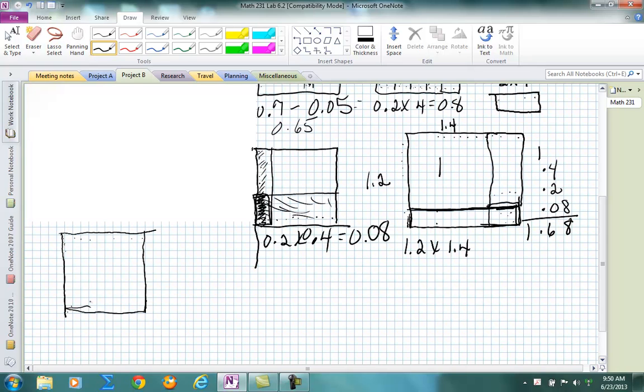So we can do the sharing method so that if I have 60/100 and I want to divide that into 3 equal parts, here's 60/100.